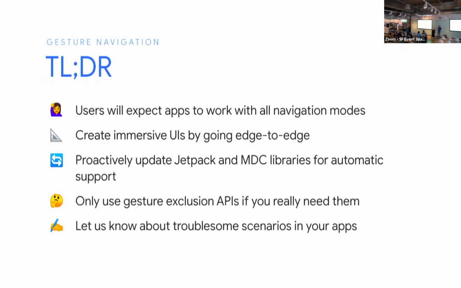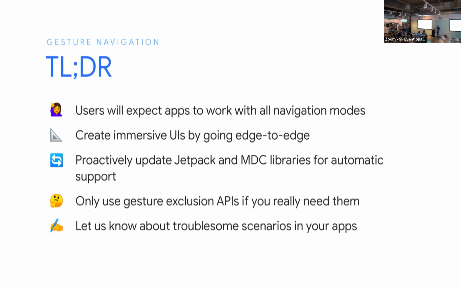So to sum up the gestural navigation and edge-to-edge UI, the current 3-button navigation is not going away, but we are trying to make use of the full screen experience with the new gesture nav. We are expecting you to implement it and update your dependencies to the latest ones.